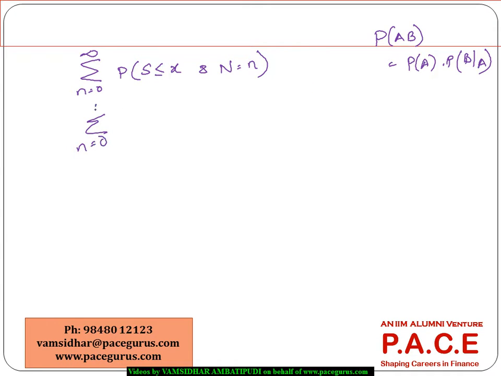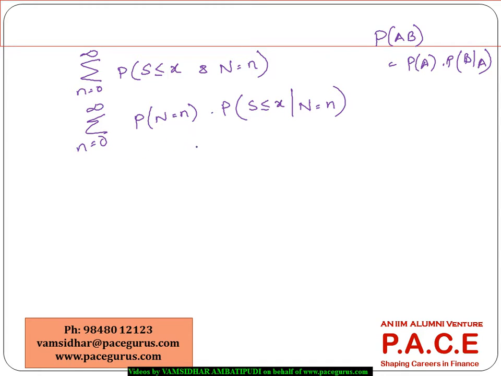I'll say n equal to 0 to infinity, probability of n equal to n times probability of S less than or equal to x given n equal to n. Now, this is the distribution we are looking at.